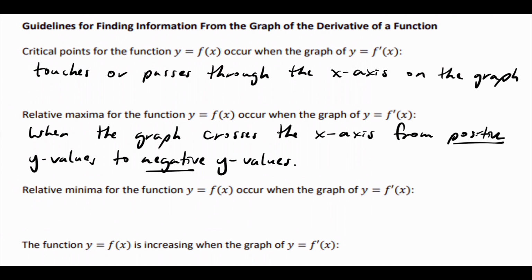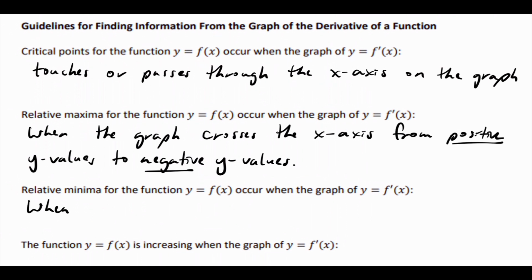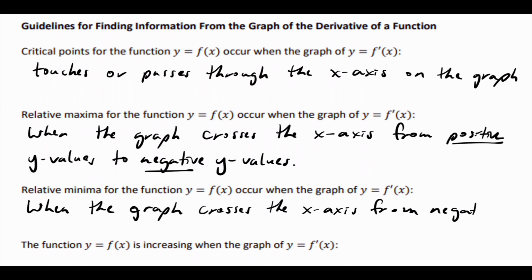Minimum is the opposite. When the graph crosses the x-axis from negative y values to positive y values.